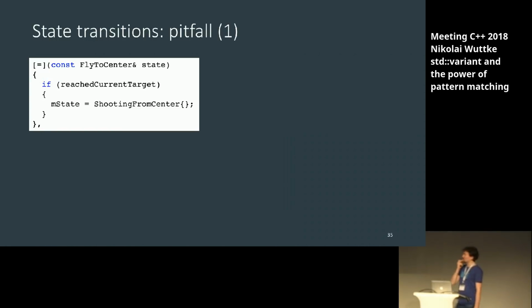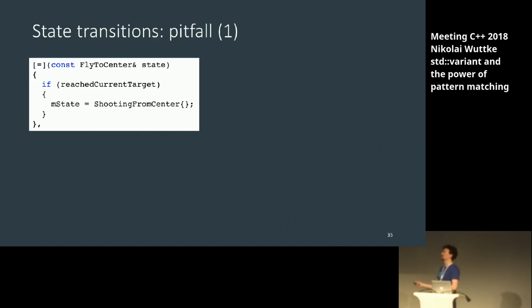Okay, so there's one pitfall with this approach that I ran into when I started using this, which is state transitions. And so the naive way how you might implement a state transition in this pattern is, okay, so you do this pattern matching and you see, okay, I'm currently in the flight to center state. And in the flight to center state, what I do is I check, have I reached the center?